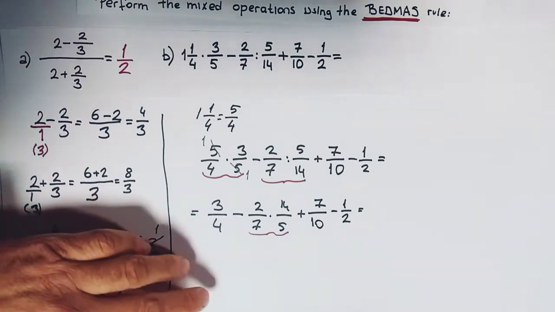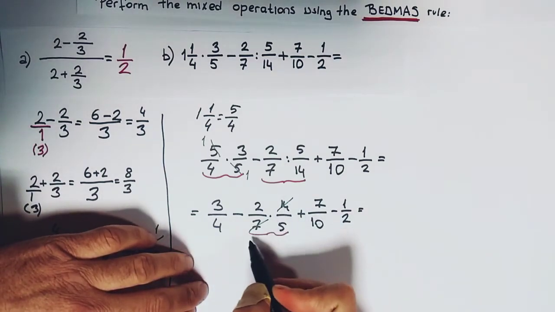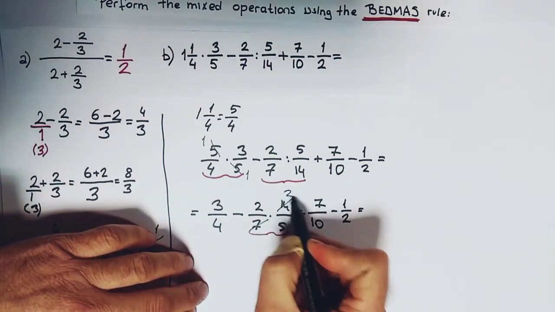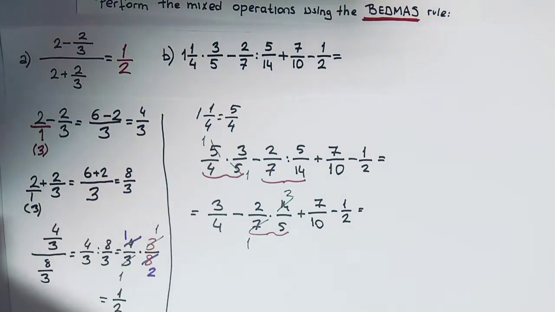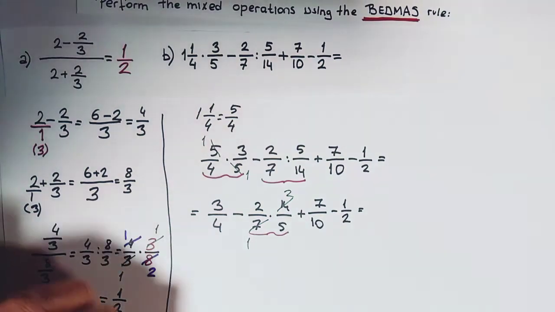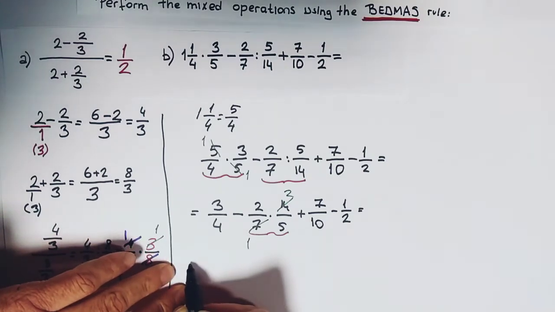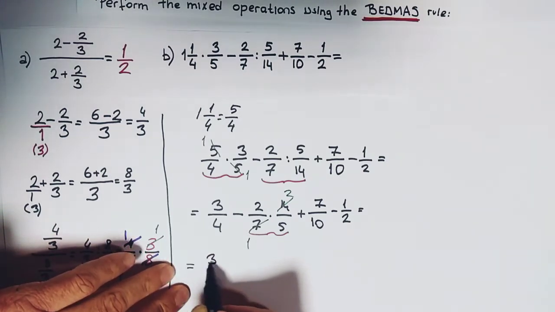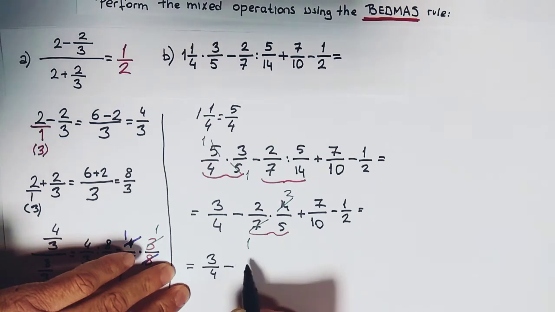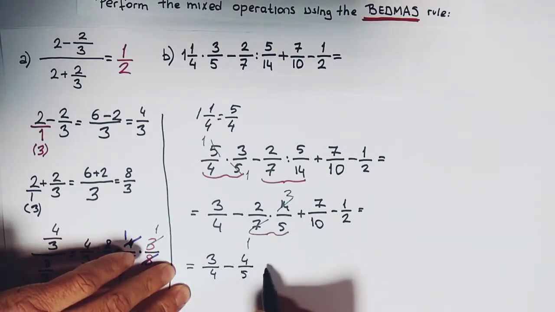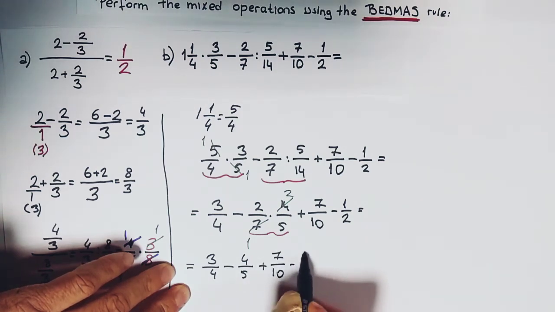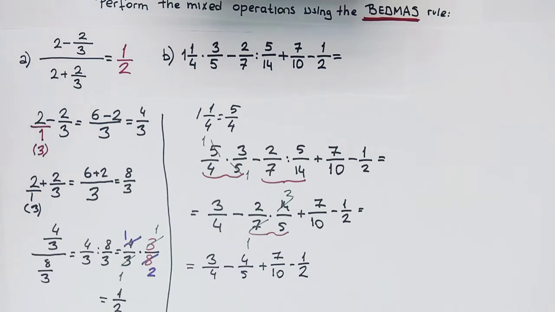And again, we see simplification between these two numbers, 14 and 7. So if we continue, let's rewrite again. 3/4 minus 2 times 2 is 4/5 plus 7/10 minus 1/2.